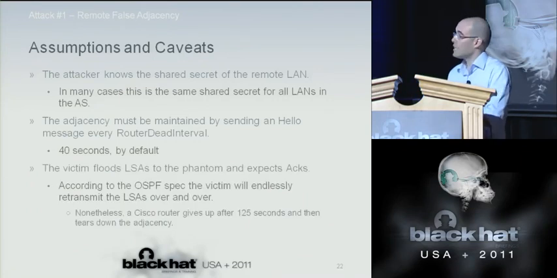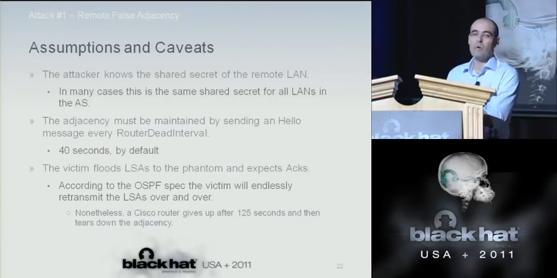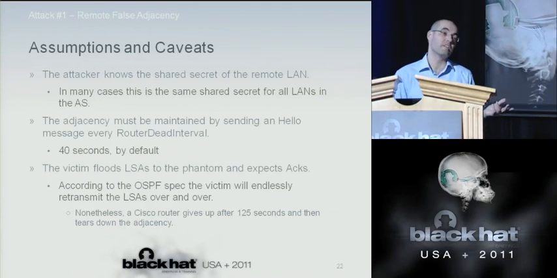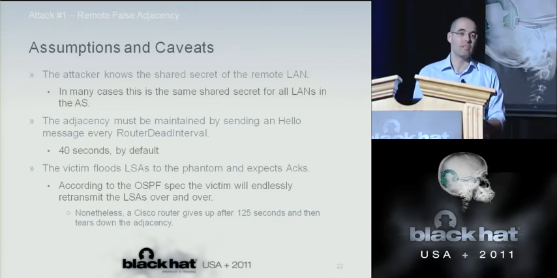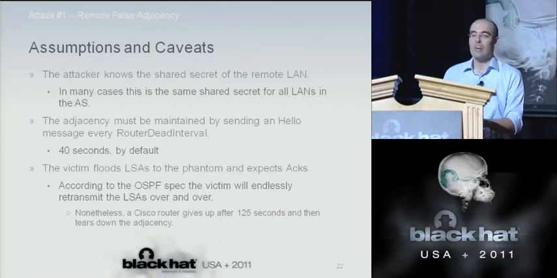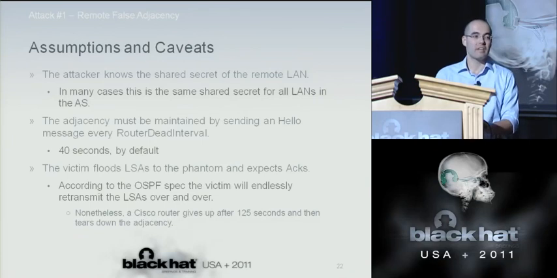And the last caveat is that once the victim receives an LSA, he now floods it to all its neighbors. That includes the phantom LSA, the phantom router. And he now expects an acknowledgement, but the phantom isn't there to send this acknowledgement. So the acknowledgement will never be received by the victim.